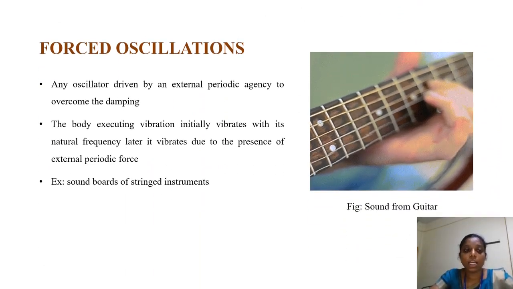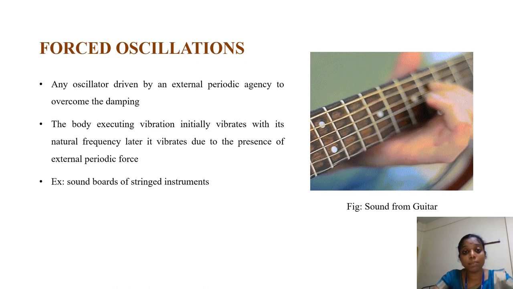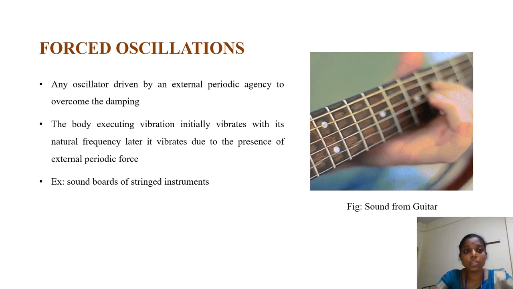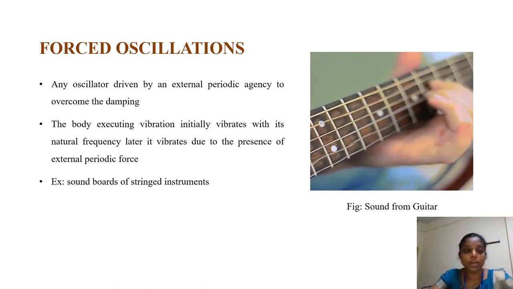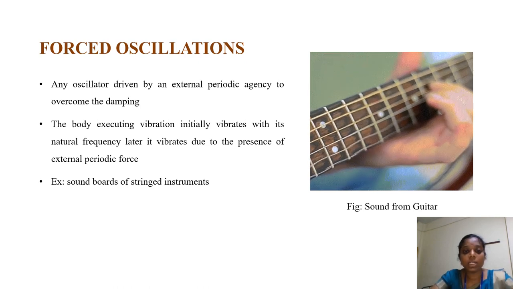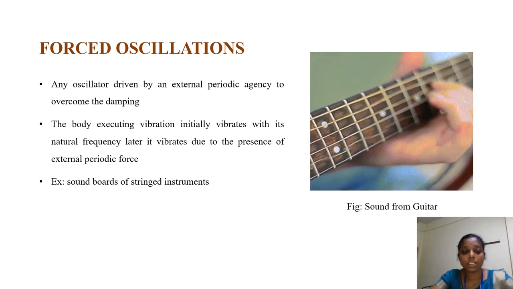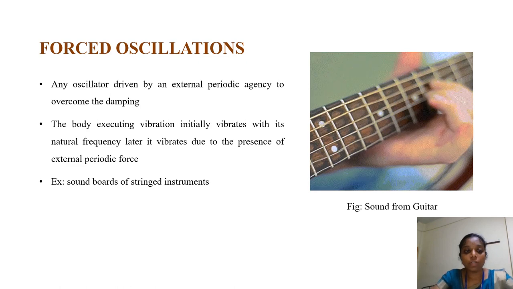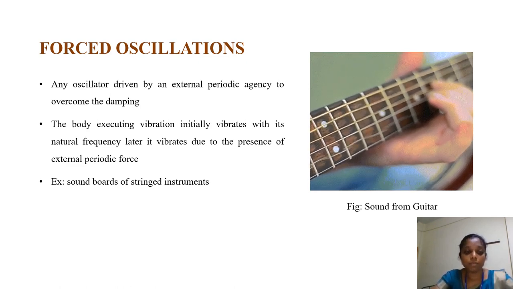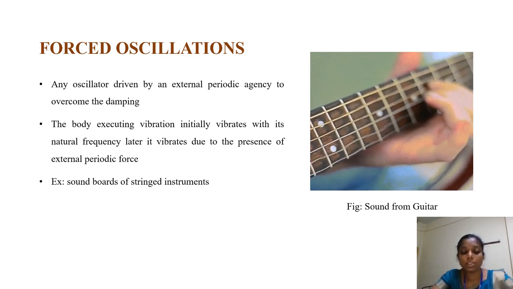In forced oscillation, an oscillator is driven by an external periodic agency to overcome the damping. Initially the oscillator operates at its natural frequency and later on it vibrates in the presence of the external periodic force. Example: sound boards of stringed instruments.